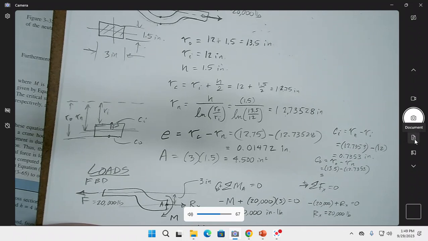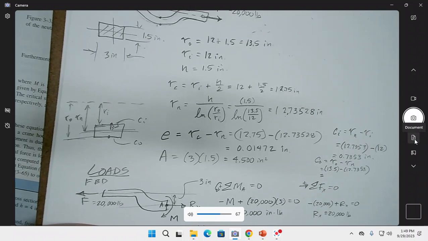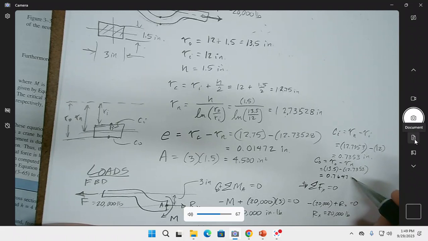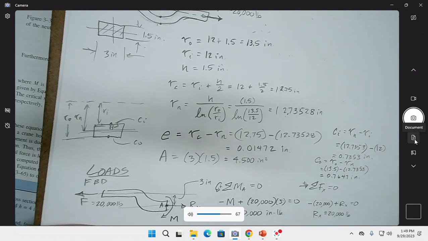And so we go 13.5 minus 12.7353, and we get 0.7647 inches.